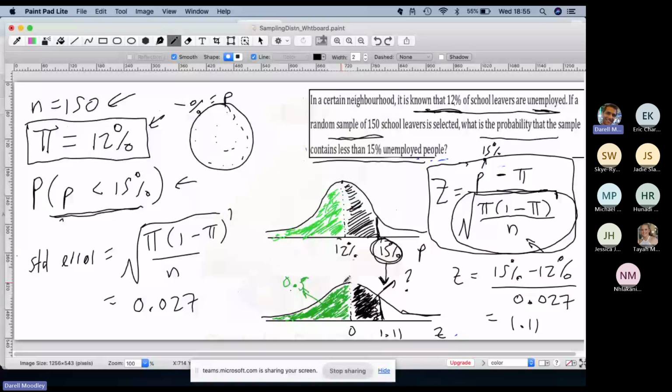So this black area here should be 0.3665. You can look at your textbook and do it now while I'm doing it. So if you add this and this, then that's your final answer. The final answer is 86.65%.